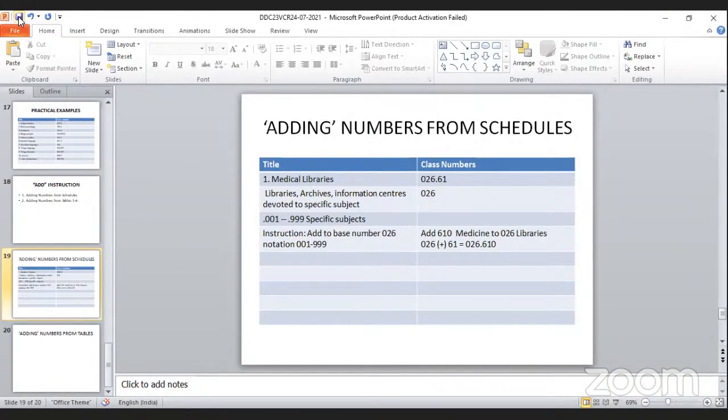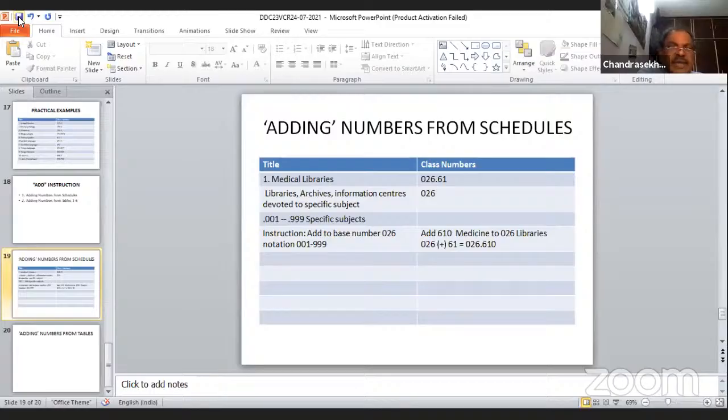Then there is an instruction there. If you go to the schedules, you will find an instruction: add to base number 026, notation from 001 to 999. 001 to 999 means the wide area, any number from any subject area. It covers all the subjects.